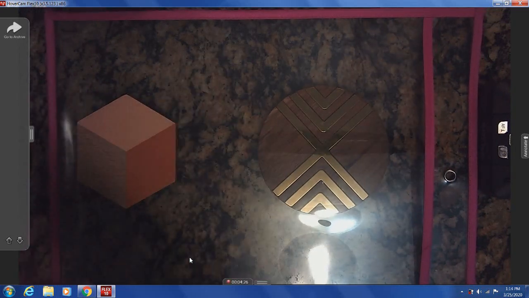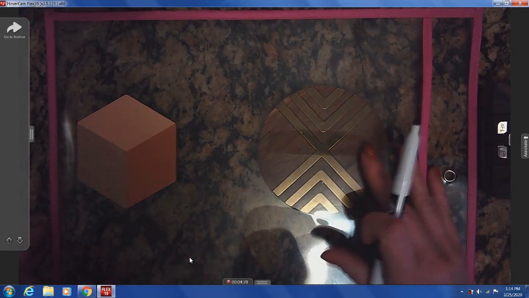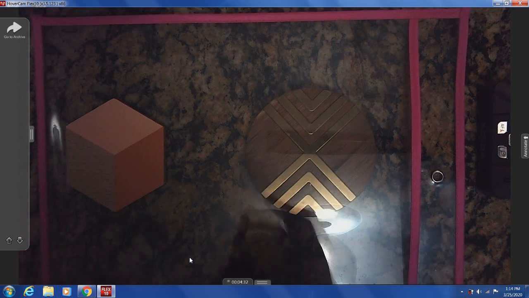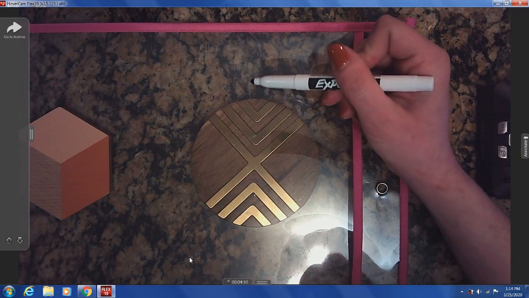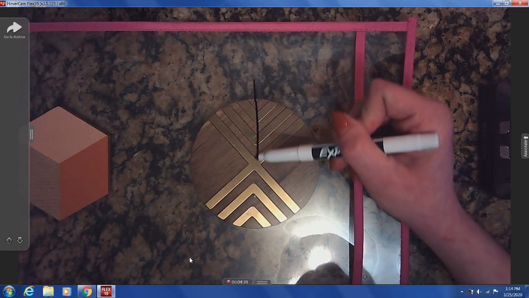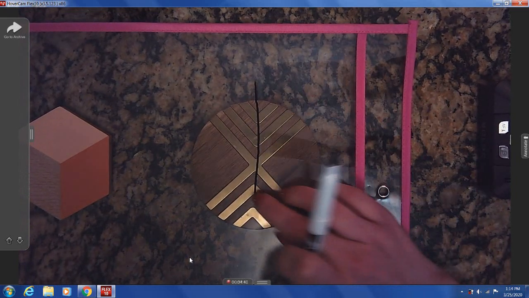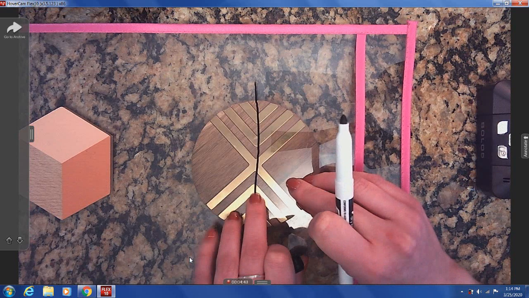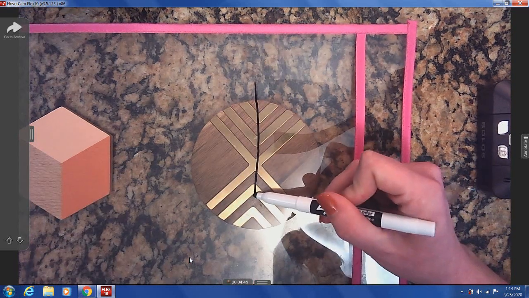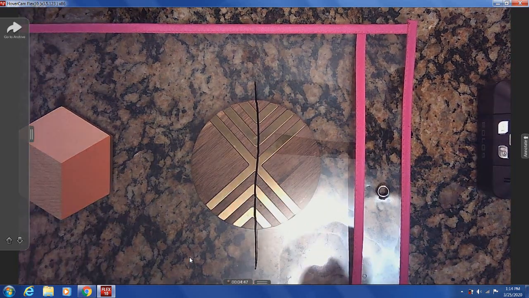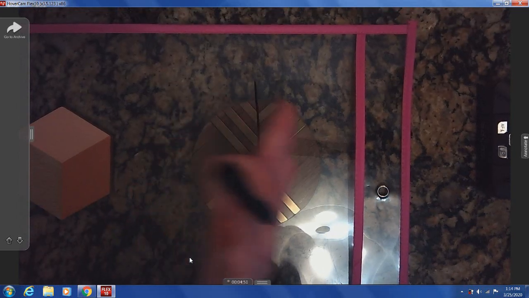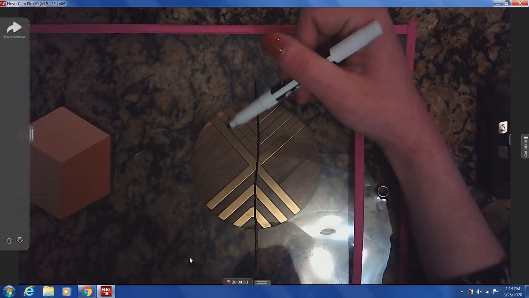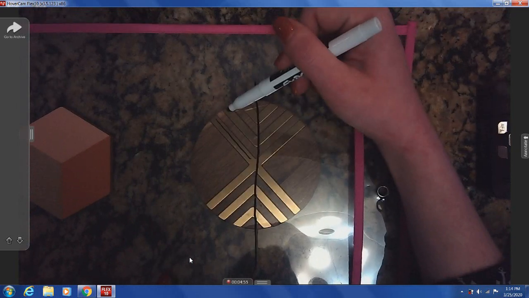Looking at this coaster here, there's actually 2 lines of symmetry that you could draw. Sorry, it's something on my communicator. If you drew a line that way, then the patterns on both sides are the same. The lines meet up at the same spots.